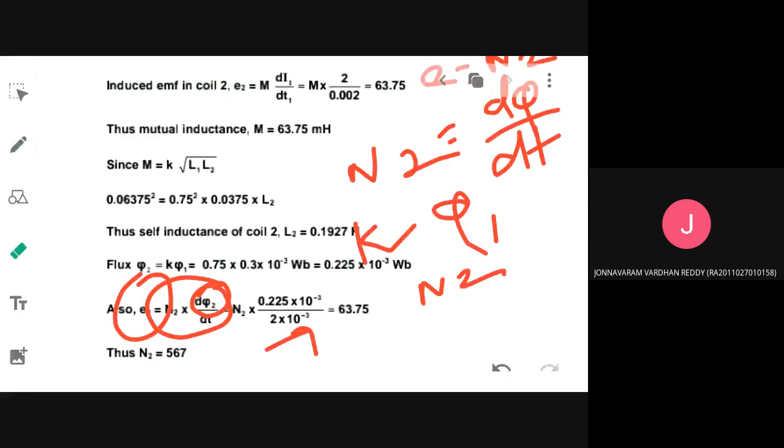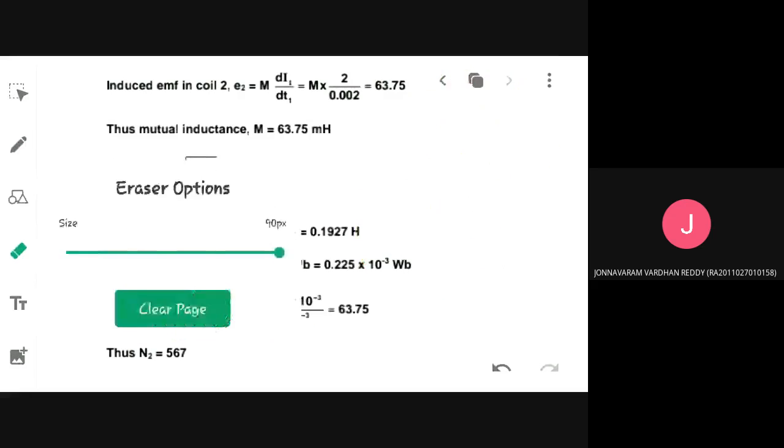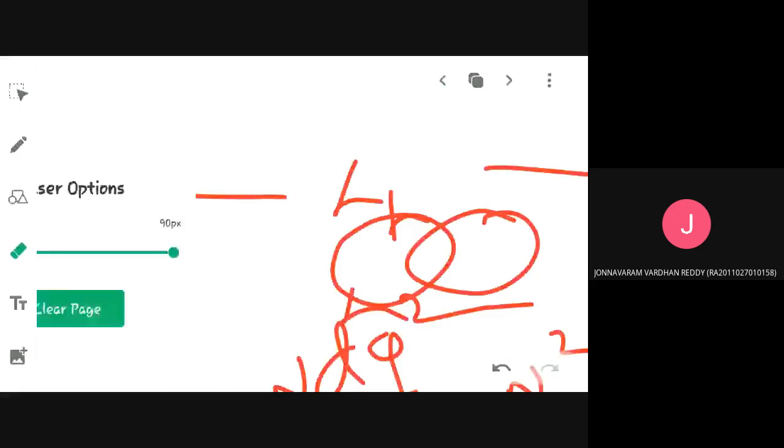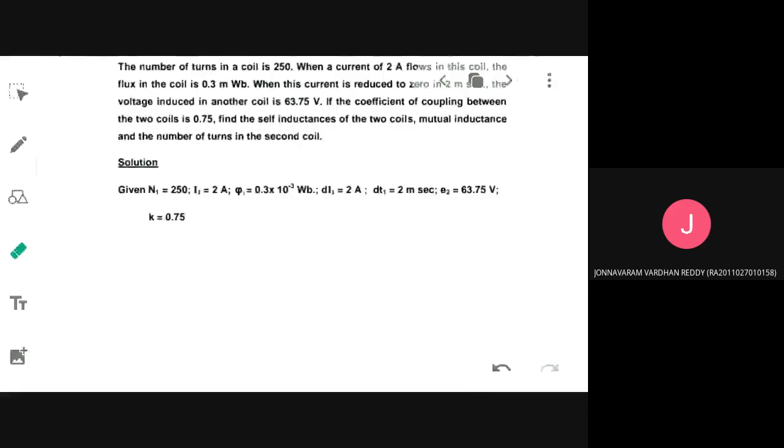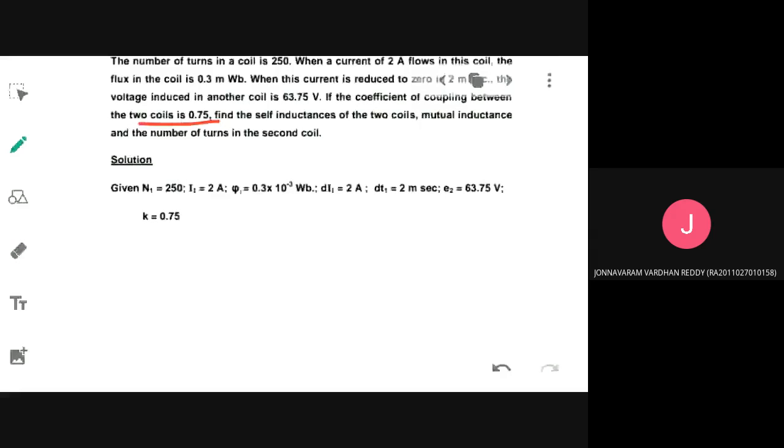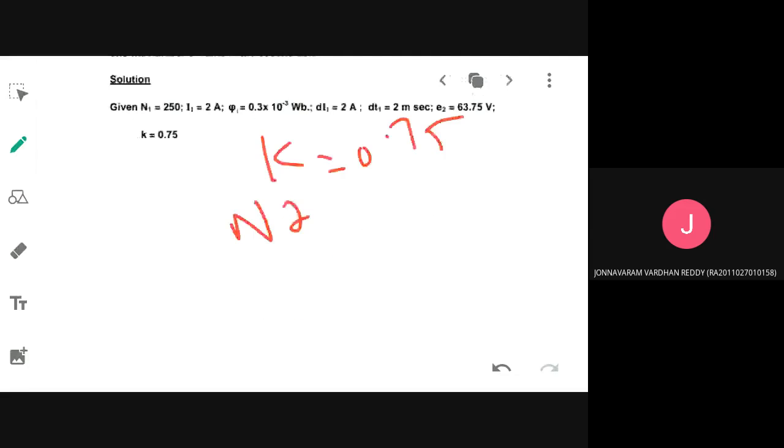Did you understand the concept or not? They have given K is equal to 0.75, and they have asked you to find out N2. So you are going to use EM2, that is given by dφ2 divided by dt.